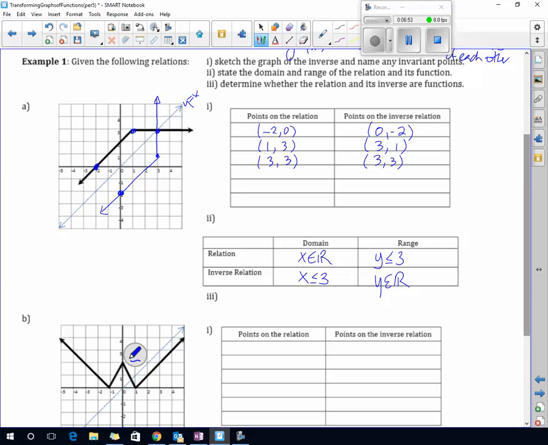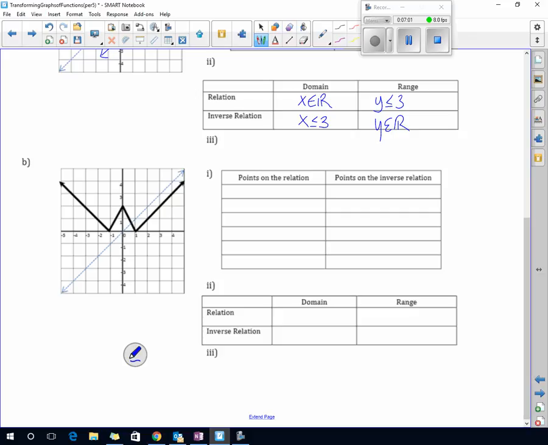Let's pick a few points here since we have a W. So -3, 2, -1, 0, 0, 2, 1, 0, and 3, 2. Again, to find the inverse, you just switch the x and the y around.